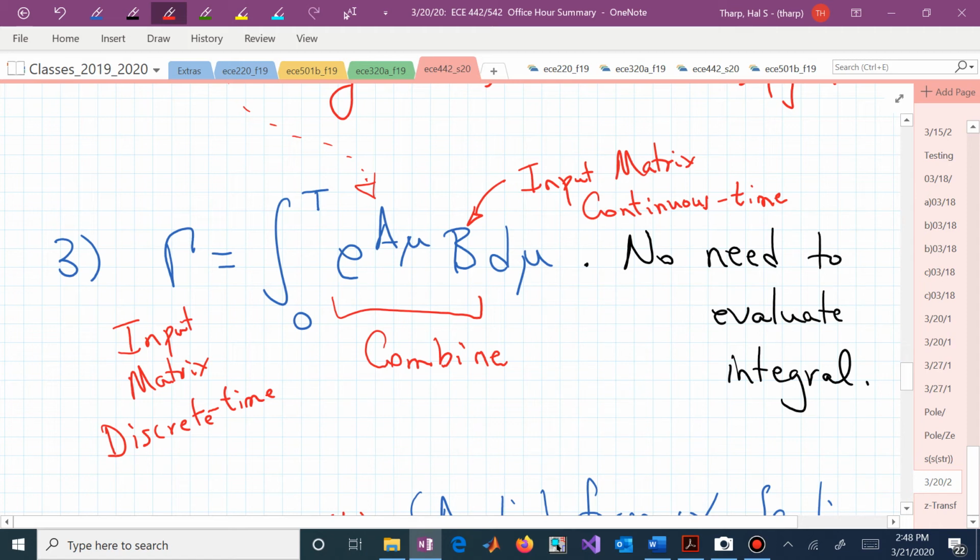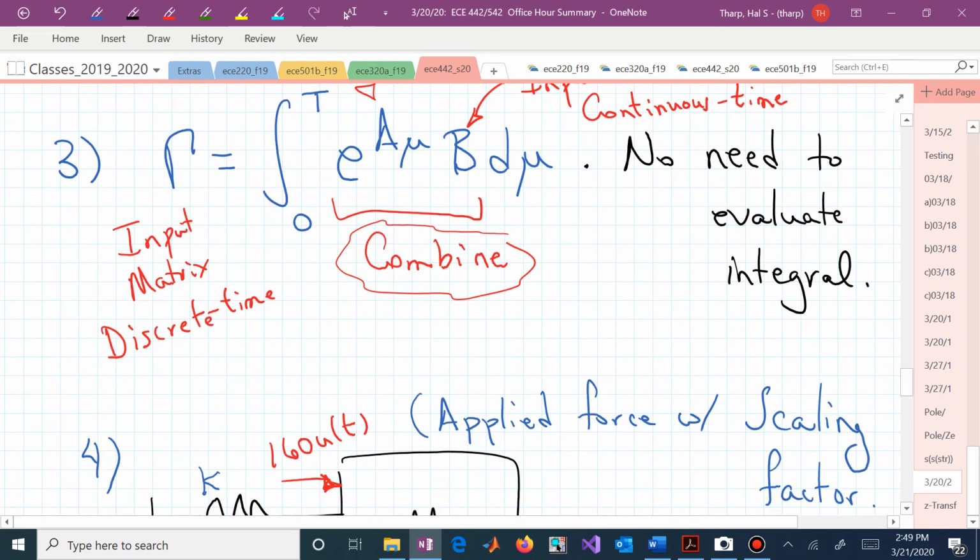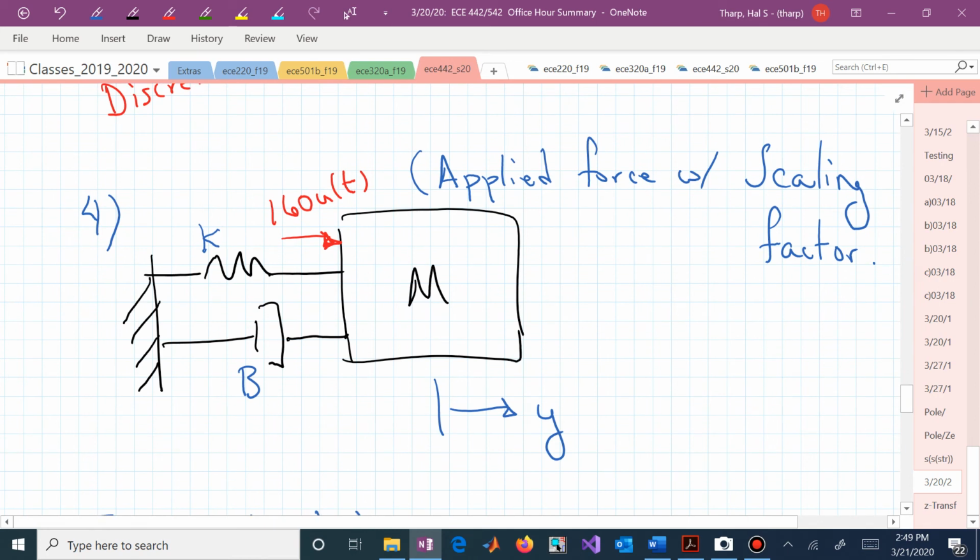I'm going to allow you to leave that in an unintegrated form. You can just set up the integral, but it would be helpful for you to combine. Let's say e to the A mu is a 2 by 2 matrix and B is a 2 by 1 matrix. You combine those. Now you just have to worry about a 2 by 1 vector, and you'll have two integrals to perform to generate this gamma matrix. But we can do that numerically inside MATLAB, and that's what we will use in reality.